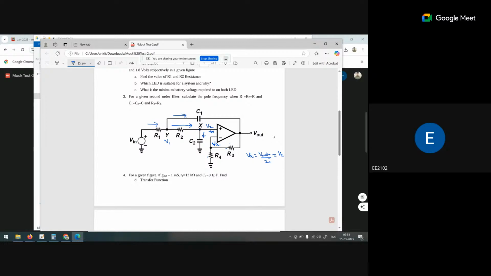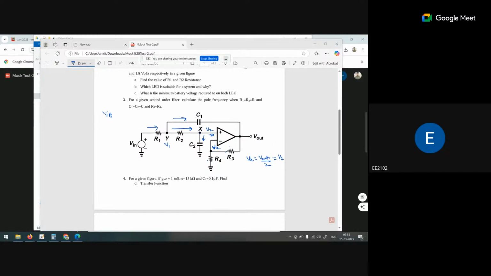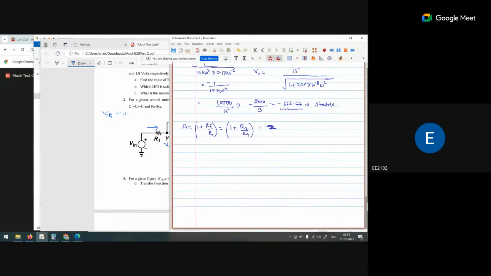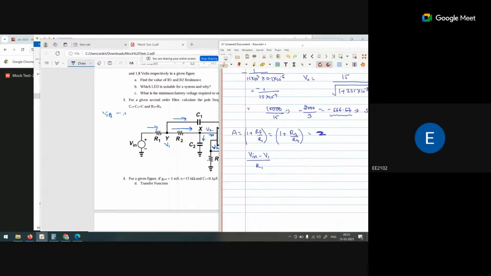So the equation is V in minus V1, so V in minus V1 upon R1 is equal to V1 minus V out upon 1 by C1s plus V1 minus V2 upon R2. This is equation number 1.